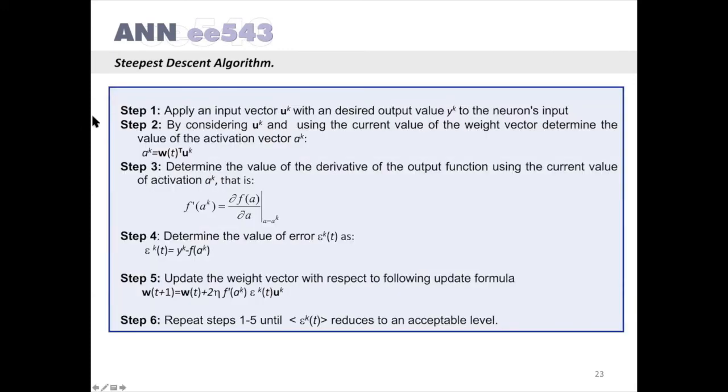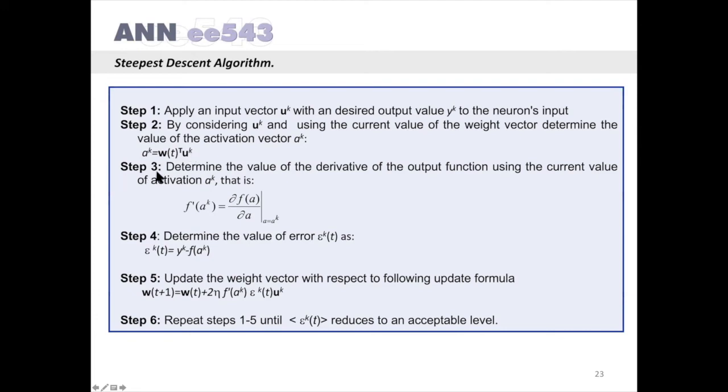Here is the summary of the steepest descent algorithm. Step 1. Apply an input vector uk with a desired output value yk to the neuron's input. Step 2. By considering uk and using the current value of the weight vector, determine the value of the activation ak. Activation when the input uk is applied is equal to the weight vector at time t transpose the applied input uk.